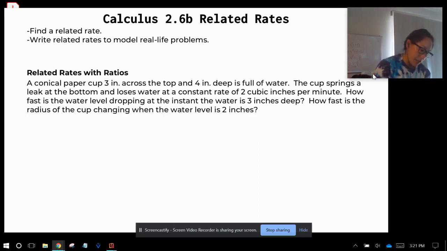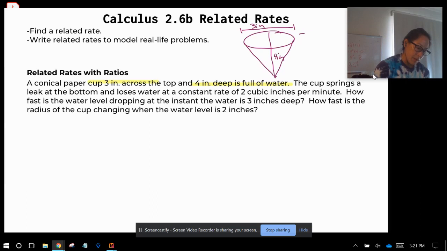I first see that I have the dimensions of the cup, 3 inches and 4 inches in depth. So it looks something like this: the radius at the top is 3 inches and the depth is 4 inches.